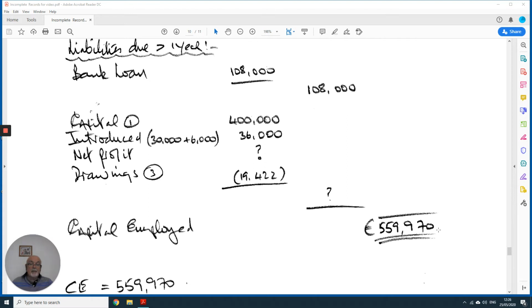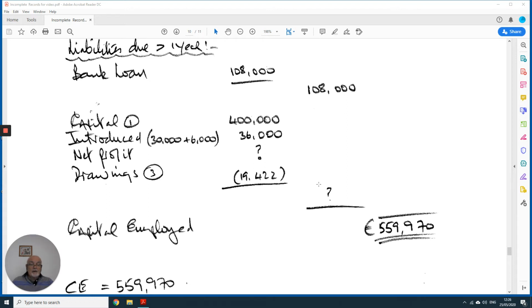559,970. Now we know that our liabilities due in more than a year, the long-term liability for the bank loan, is 108,000. That's the 120 less the 12,000 that have become current liabilities. So of our capital employed, 559,970, 108,000 are liabilities due after a year.